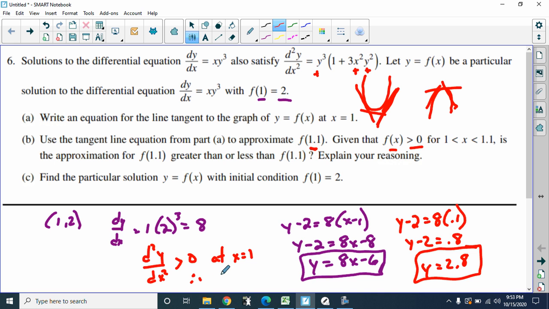Therefore, the tangent line is under the curve. So the approximation is less than f of 1.1. Basically, the point on the graph is above where we approximated it to be based on the tangent line.